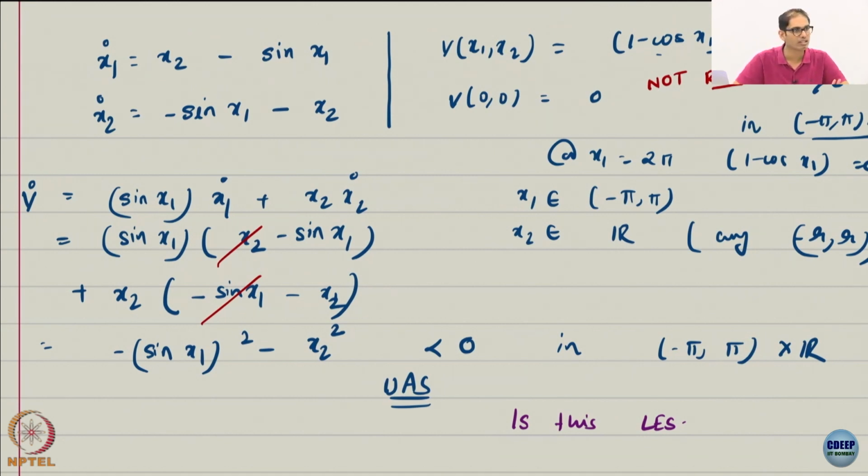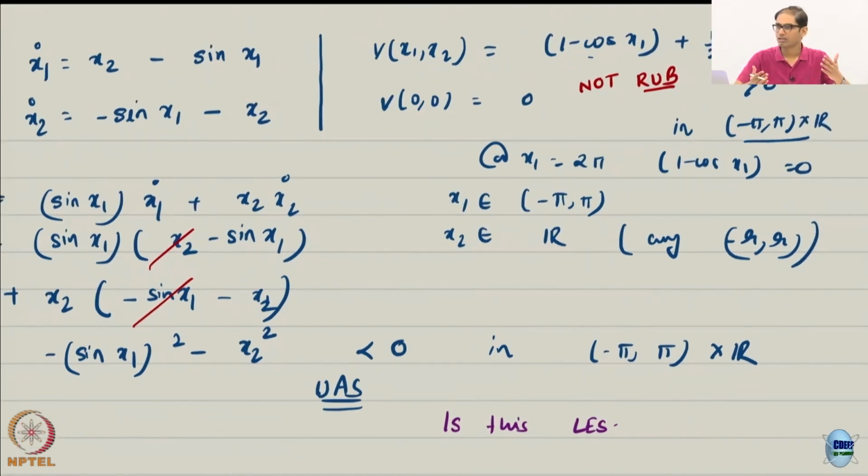So, when I look at x1 equal to 2 pi, this is still 0. So, for all states of the form 2n pi comma 0, this is 0.